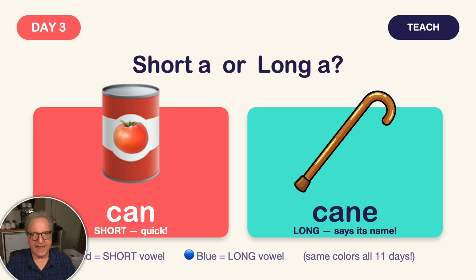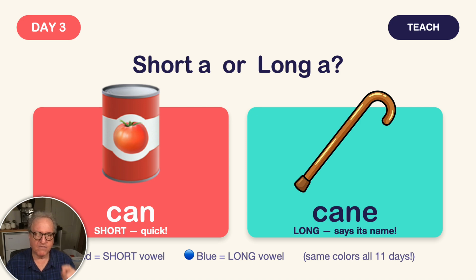Beans sometimes come in cans, soup comes in cans, sometimes vegetables come in cans. And on the right is almost the same word, except it has an E on the end, and it changes the sound, and it's a different word. It means something else. So the one on the right is cane. It has the long A sound.